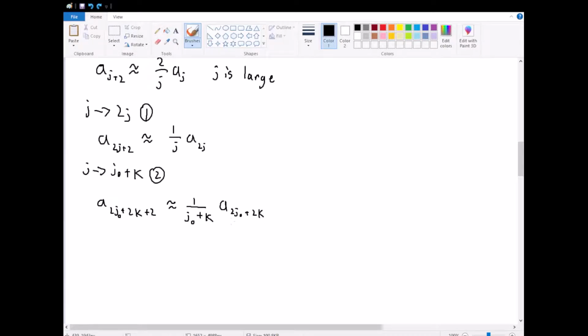Note this term, which is of interest, because we can define j equals j naught plus k minus 1 and plug this back into the above equation to get another recursive formula.